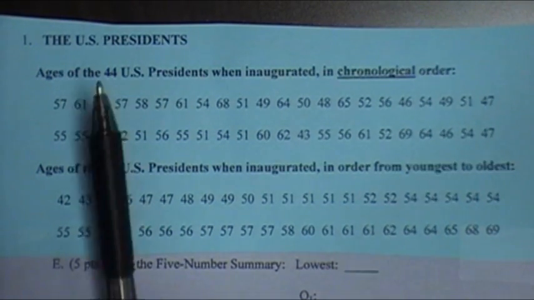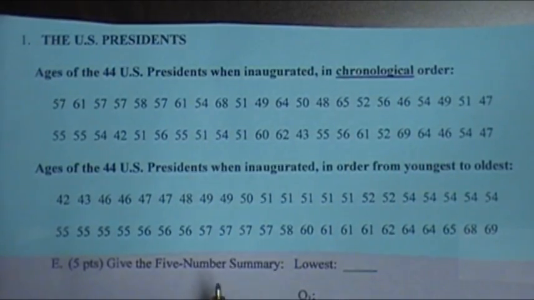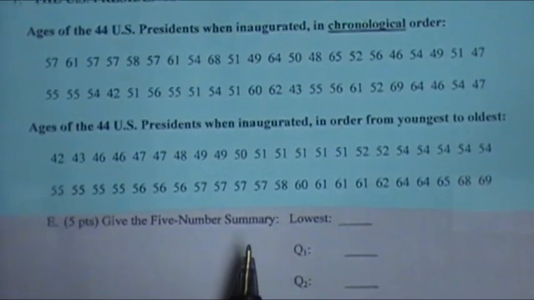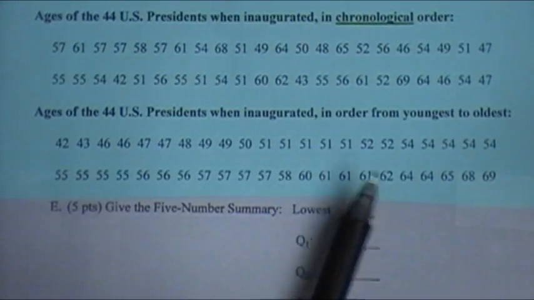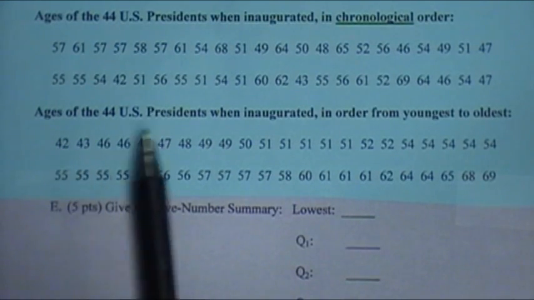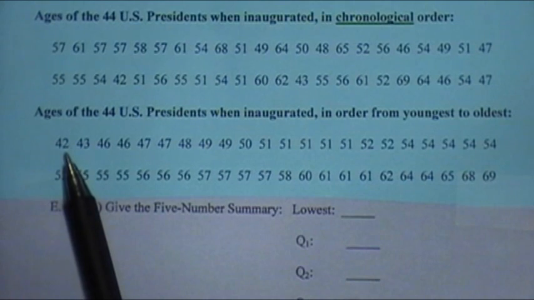Now, I've taken this set of data in chronological order and have redone it so that instead I have the 44 presidents, their ages, in order from youngest to oldest. So now, this obviously is not George Washington.